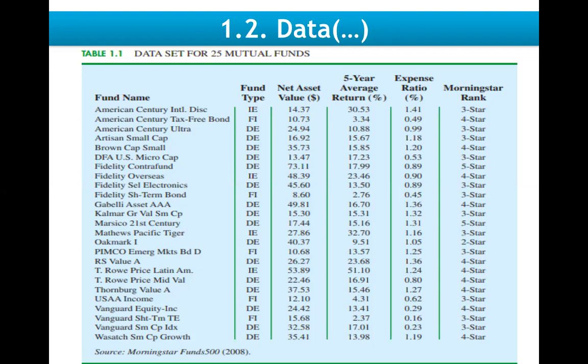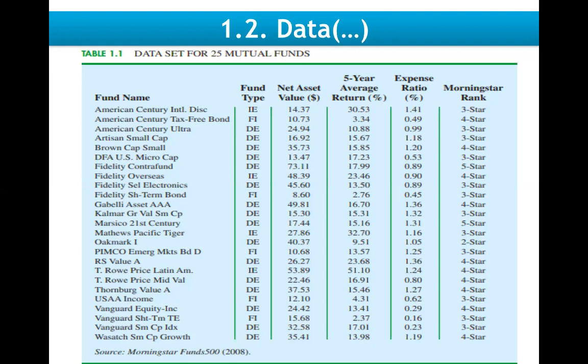The second variable is net asset value, expressed in dollars: the closing price per share on December 31, 2007. The third variable is 5-year average return in percentage, the average annual return for the fund over the past 5 years.